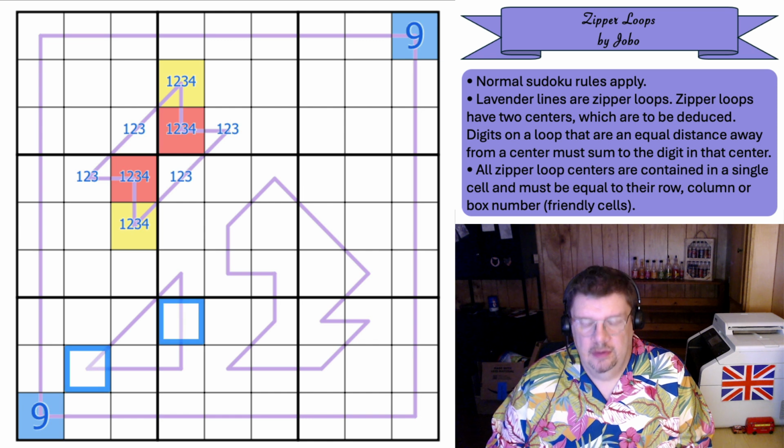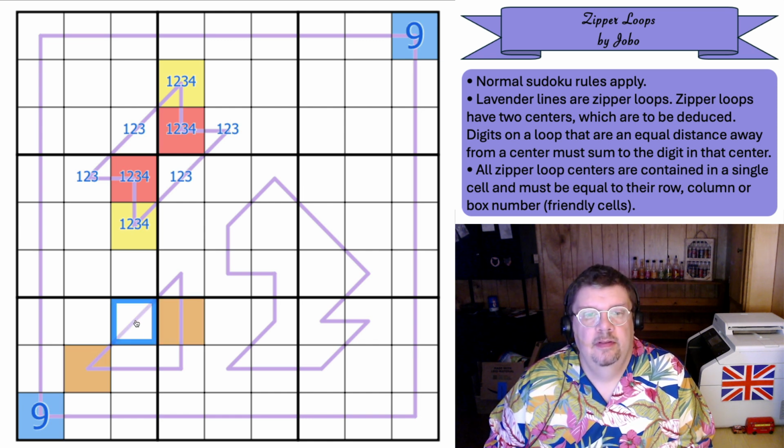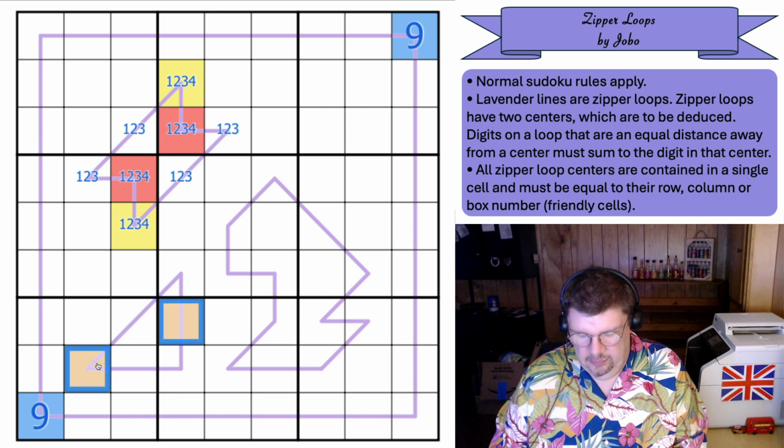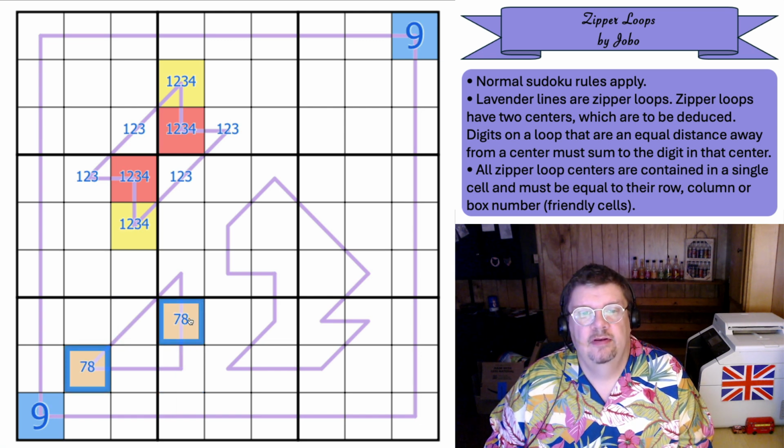I'll give those a different color. And then here, this is 7, 7, and 3. This is 8, 8, and 4. So they have no common digits, so they can't be the center. So that is definitely the center and is 7 or 8.